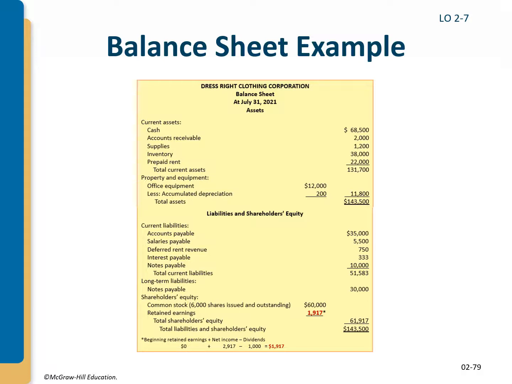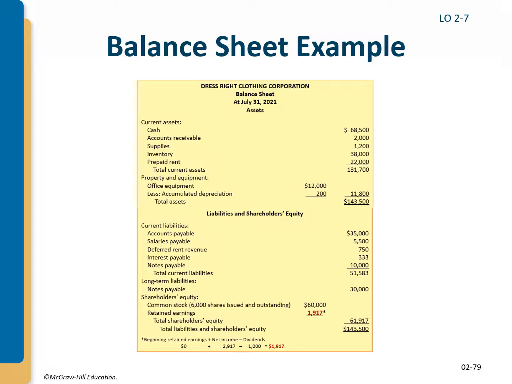These are all liabilities that are due or will be paid in the coming year. Total of $51,583. The note payable that's due beyond July 31st, 2022 is listed as a long-term liability, $30,000. Now, sometimes companies will total the liabilities, and you can if you wanted to. This company chose not to.